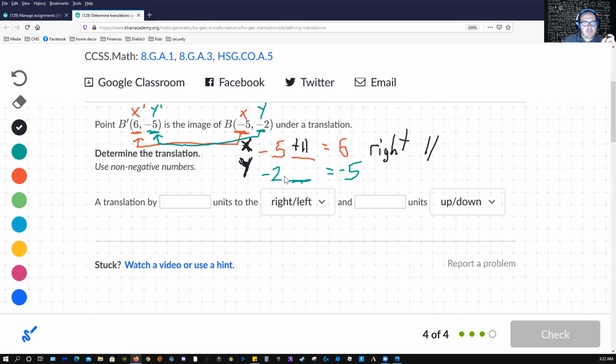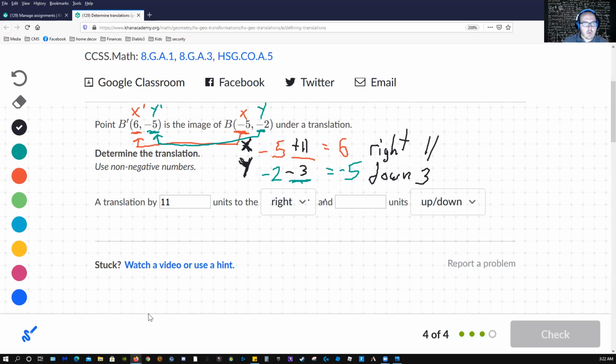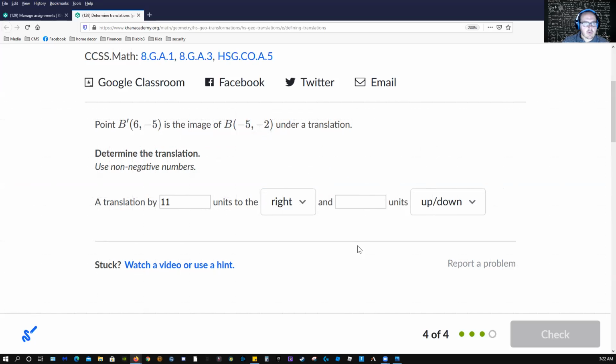Now, on the y-axis, if you're going from -2 to -5, it means you went down some. If you're at -2 and you subtract 3, then you end up at -5. If you subtract on the y-axis, it means you're going down. So that's translated by 11 units to the right, and it was 3 units down.